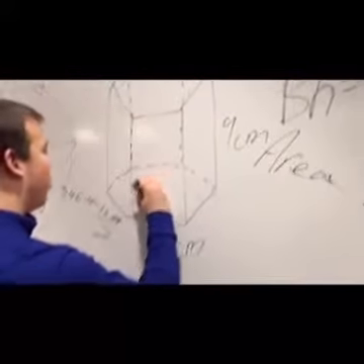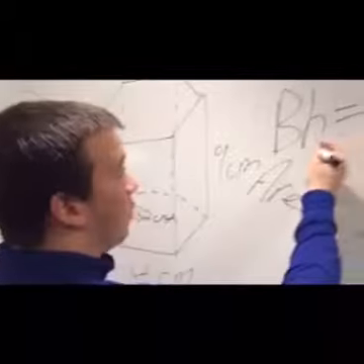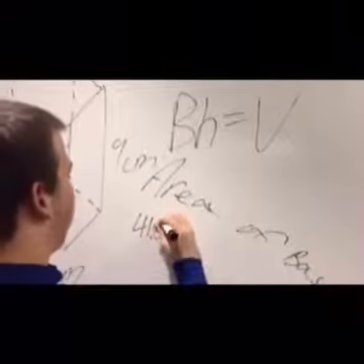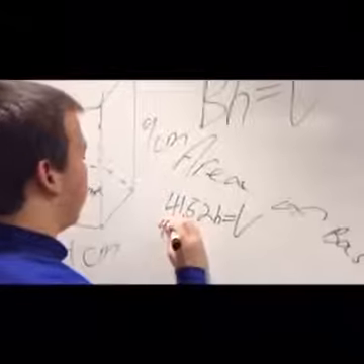But now we go back to the prism. We found out the base is going to be 41.52 centimeters squared. After that, you want to multiply by the height. Going back to the formula, you just found the base. So base 41.52 times H equals V. Next you want to replace the height, so it'd be 41.52 times 9 equals volume.